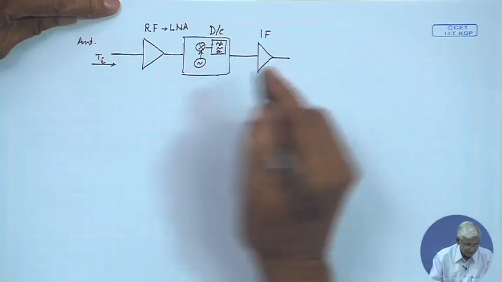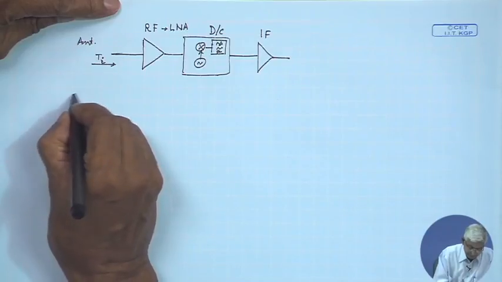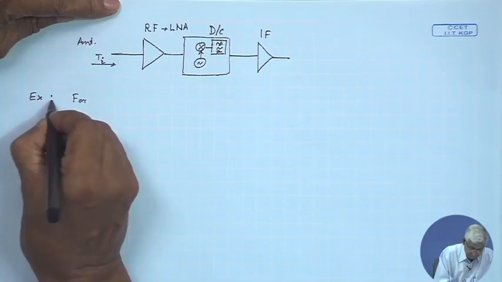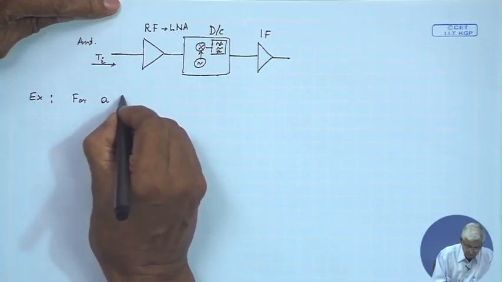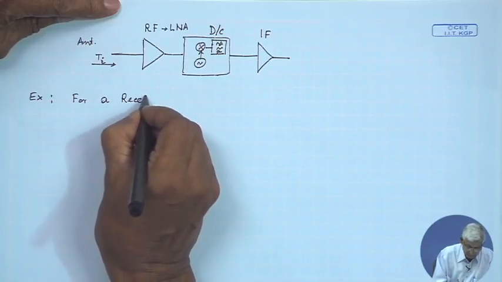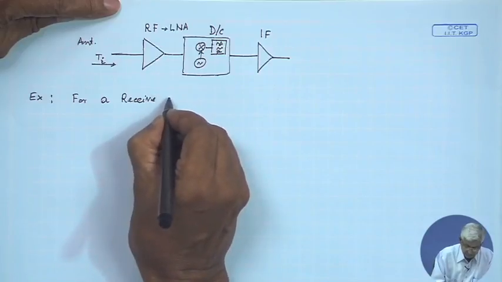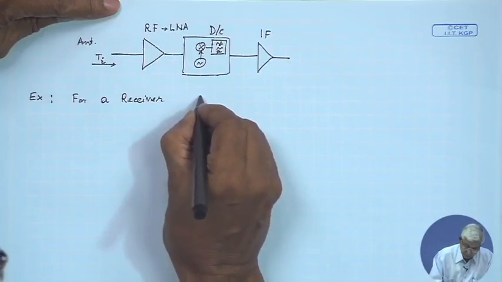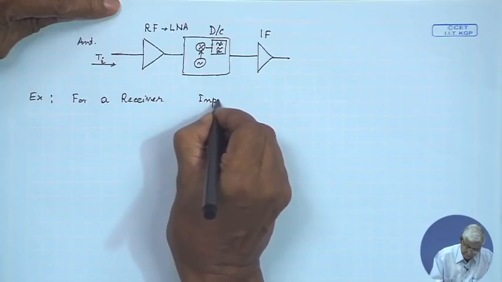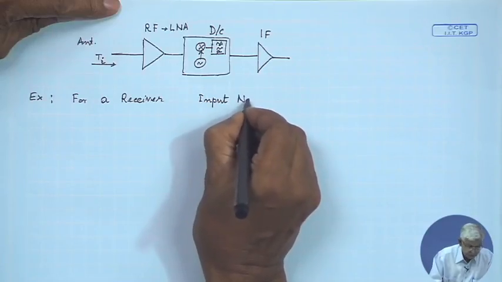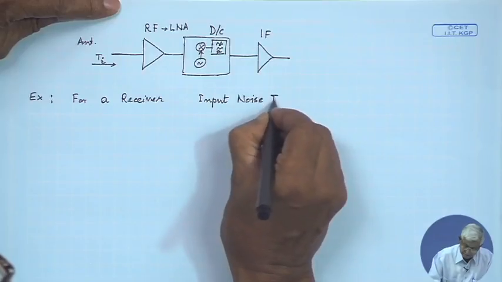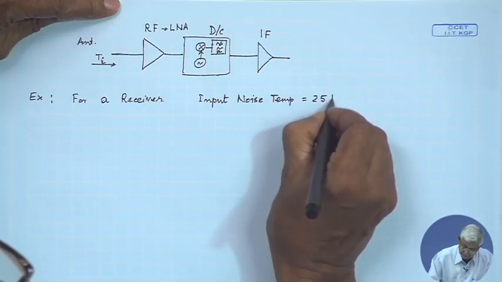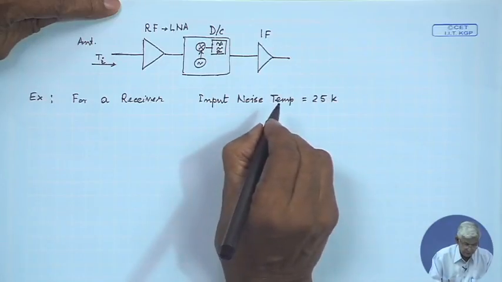So, let us say for this example, for a receiver, the input noise temperature is 25 K. Remember, it is not T0.